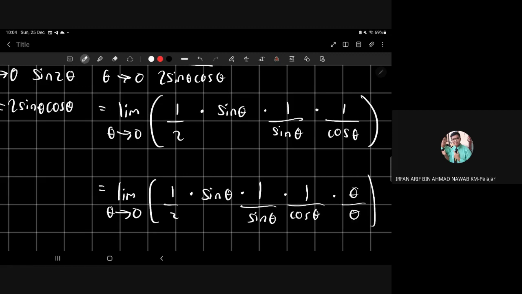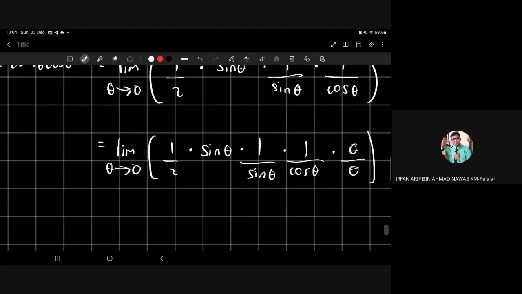Why am I multiplying by theta over theta? Because I'll be distributing this particular term to my respective terms. How do I do that? By doing this.